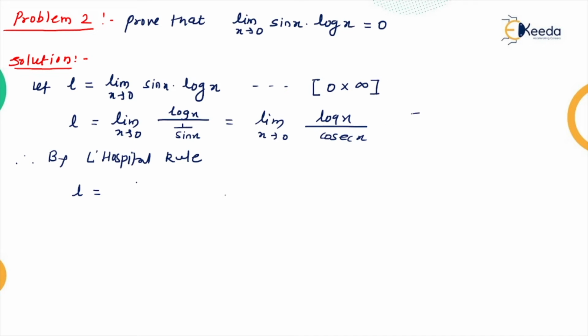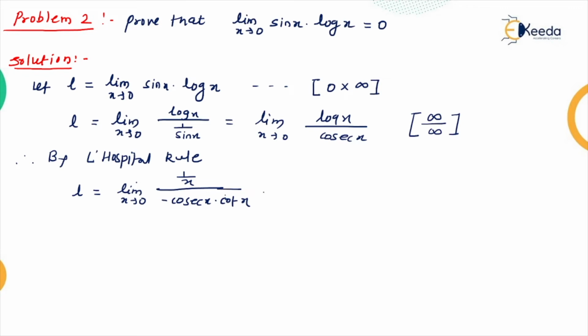Now we have to write it this way. When we apply the limit, it is infinity by infinity form, guys. Now by using L'Hospital rule, we take the derivative of numerator and derivative of denominator as x tends to 0. The derivative of log x is 1 upon x, and the derivative of cosec x is minus cosec x into cot x. Now you just have to adjust.